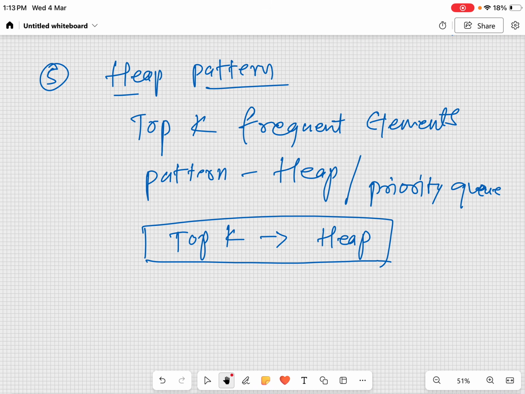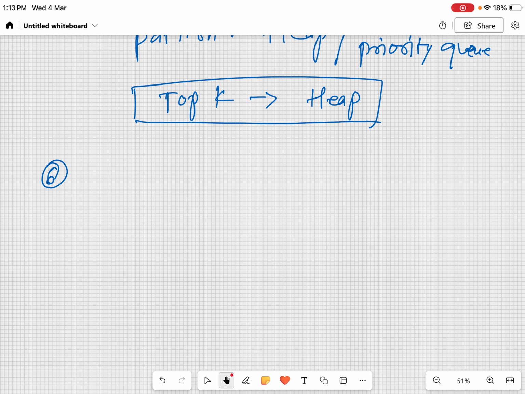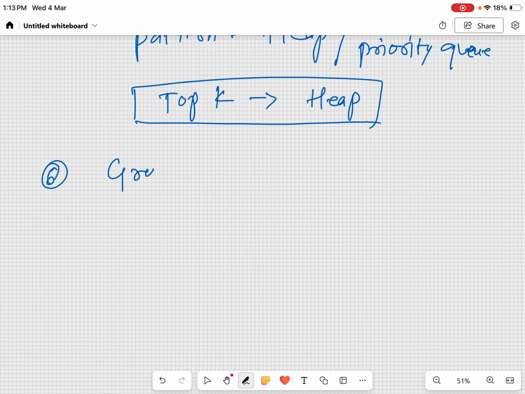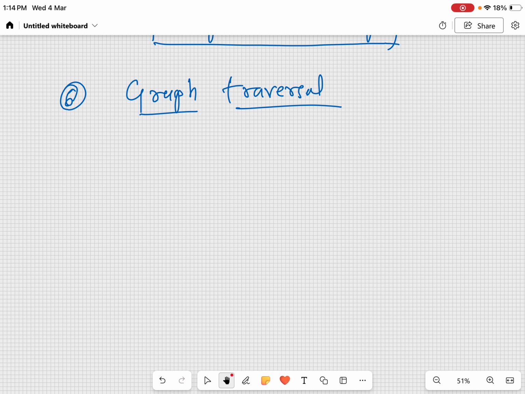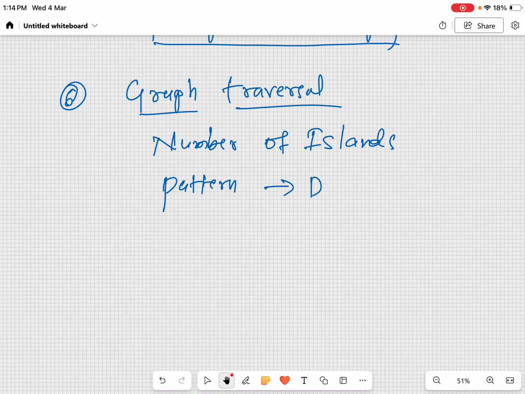Next is the graph traversal pattern. Here our problem would be the number of islands problem, and the pattern would be DFS, depth first search, or breadth first search. Correct.